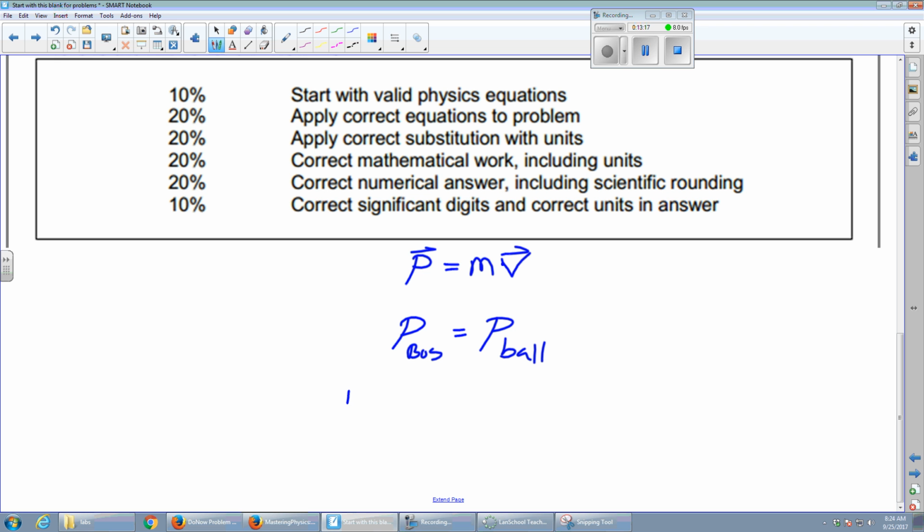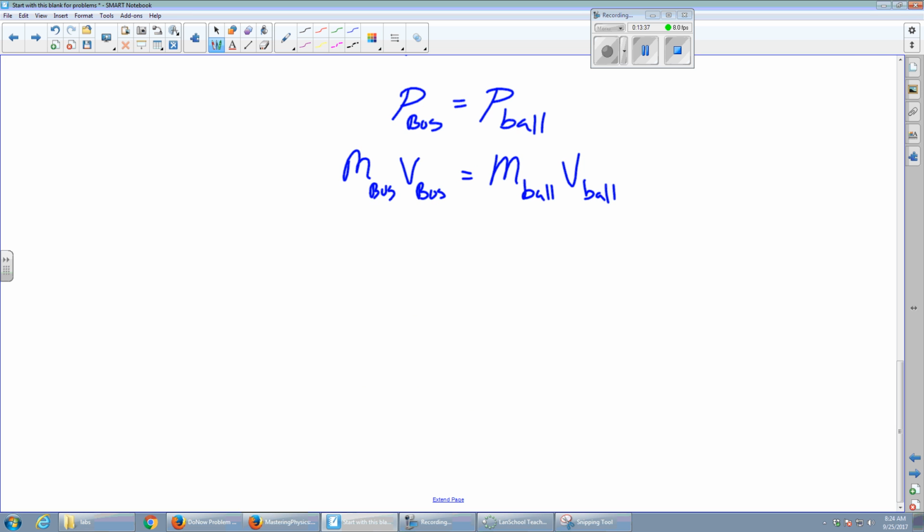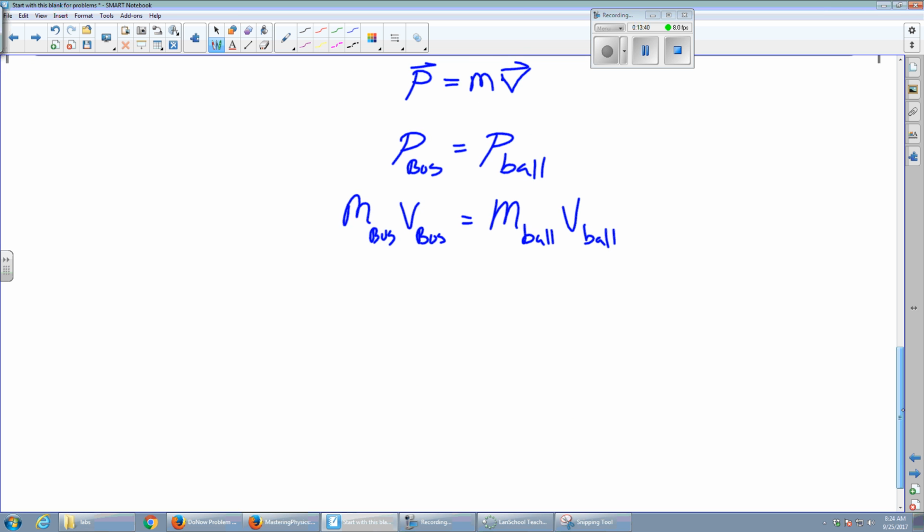Inertia of the bus times the speed of the bus, I'm going to assume they're going in the same direction, is inertia of the ball times speed of the ball. Now, I'm not sure where you guys are mathematically. Are you more comfortable if I substitute in values now and then do algebra, or do algebra now and then substitute in? Substitute before I do the algebra. Okay, that's fine.